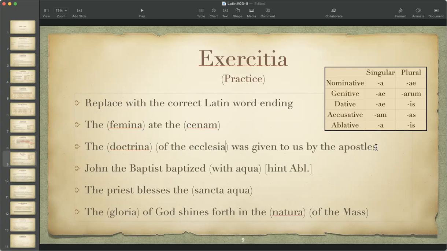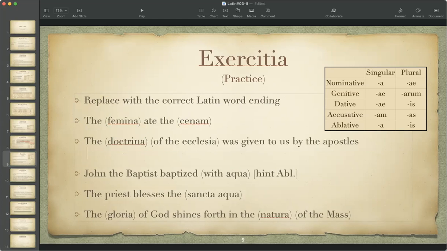Be careful, don't say ecclesia, it's ecclesiae. Ecclesiae is the genitive. Let's see if I can. Ecclesiae. Okay, there we go. Right. So this is genitive because it's the doctrine of the church.